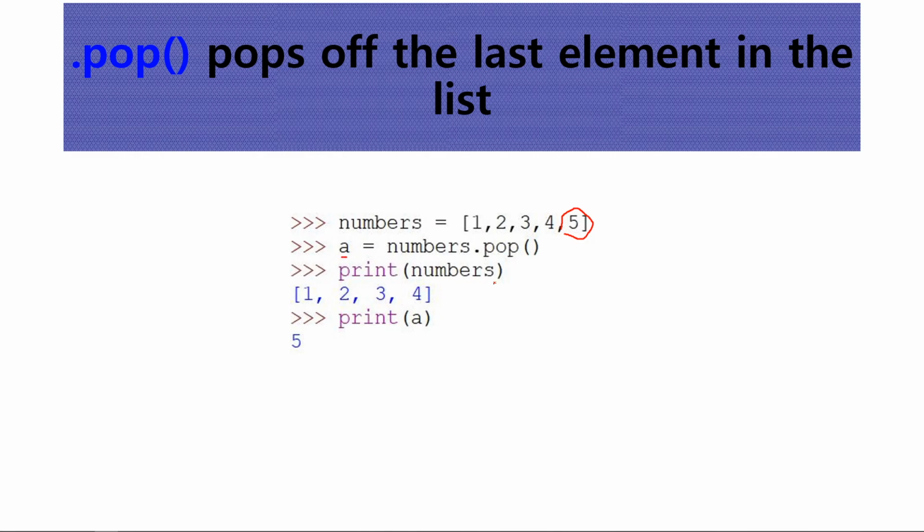Next time I print numbers, 5 is gone because I popped it off, and remember we saved it to a. Now I can see what a is. A is 5. That's what we got from the pop operation. So pop removes the last element of the list.